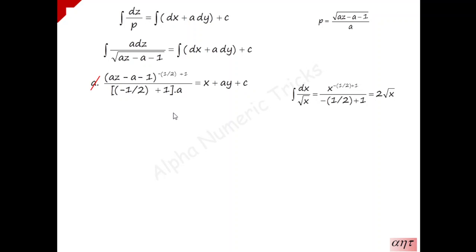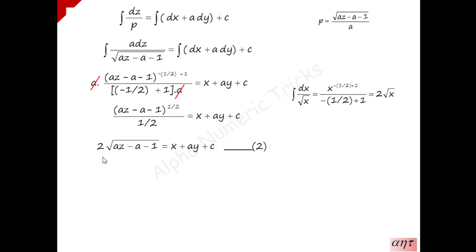Now this a gets cancelled, and the remaining terms are az minus a minus 1 whole power half, that is, minus half plus 1 is half, divided by half, which is equal to x plus ay plus c. So you have 2 into root of az minus a minus 1 is equal to x plus ay plus c, which is our required complete integral. Number that equation as 2.